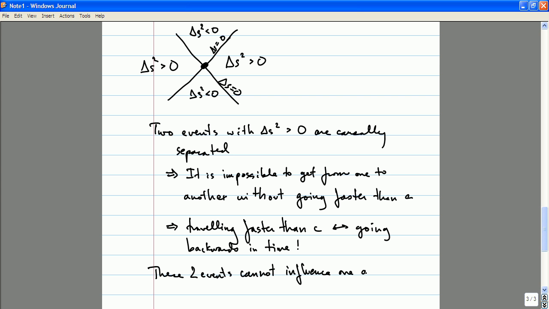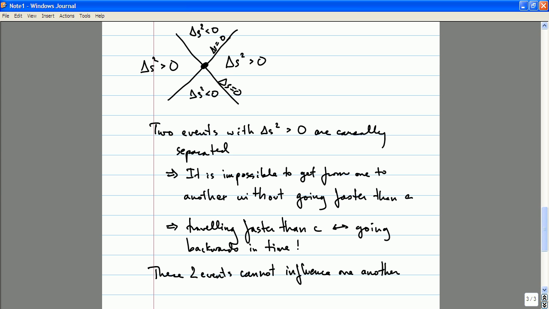Because if they could, that would involve sending a signal faster than the speed of light, which would be the same as sending a signal backwards in time, which means I could send a telegraph to a hitman in 1930 and ask him to kill my grandmother, which is just as bad, frankly.